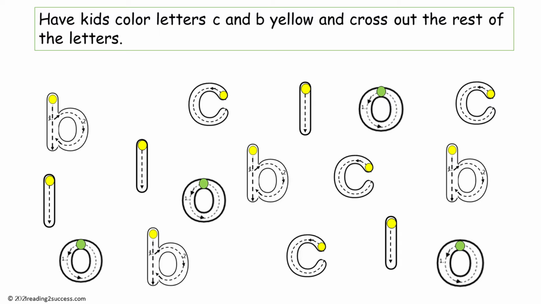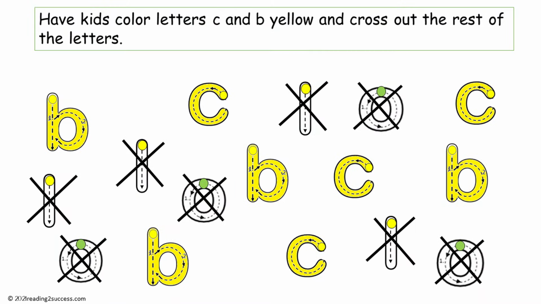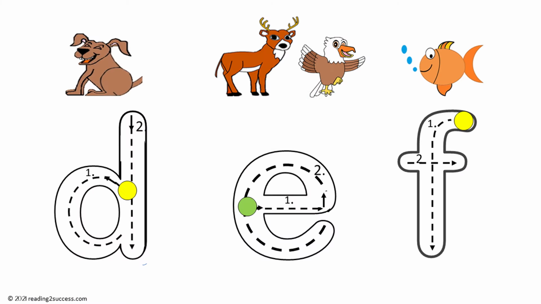Have kids color letters C and B yellow and cross out the rest of the letters. This is a completed example. Our next letter card consists of 3 letters, D, E, and F. D is a consonant and makes a D sound as in dog.